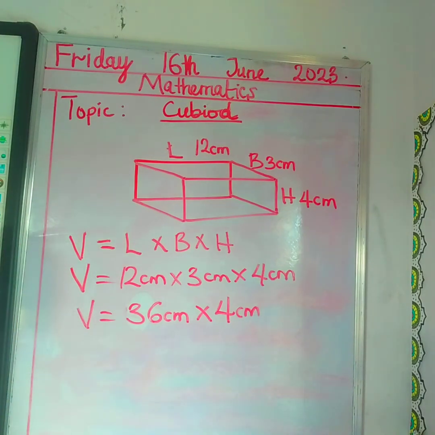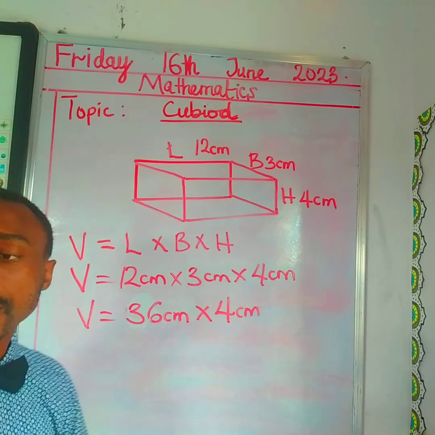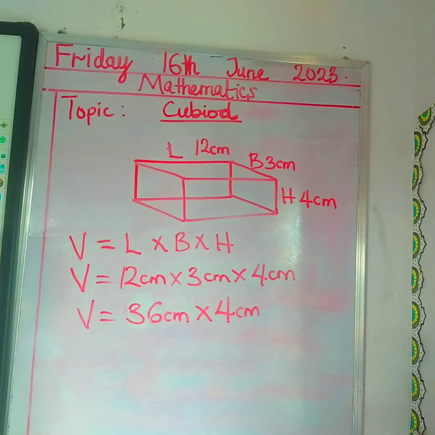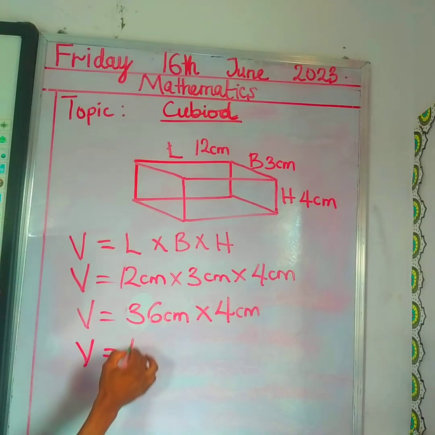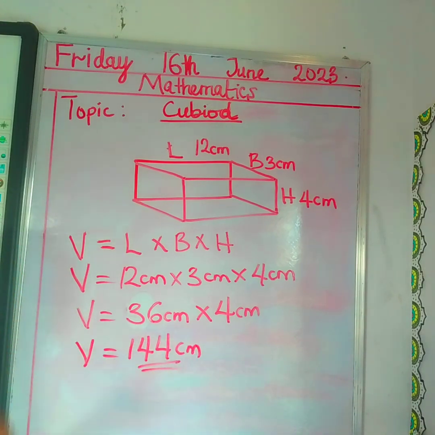Omar, your turn. What is 36 times 4? Quickly calculate it. Okay, very good. That's 144 centimeters. That is our final answer.